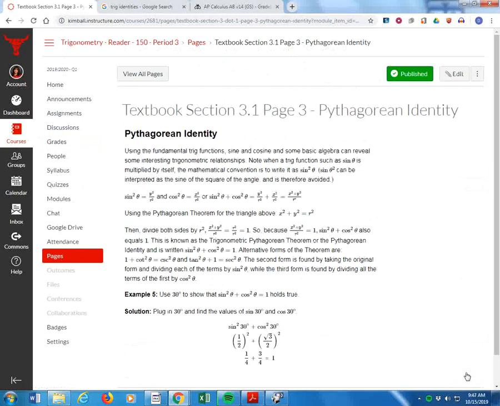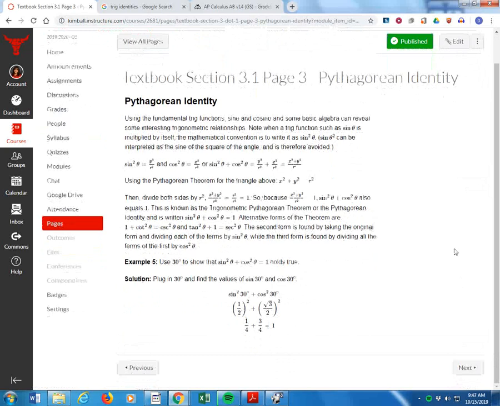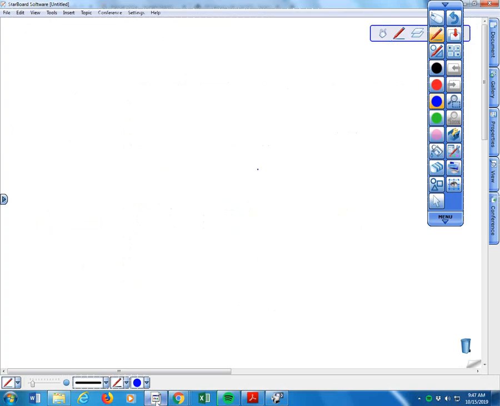Then you get to your Pythagorean identities. Let's just do this: sine theta is y, in the unit circle.